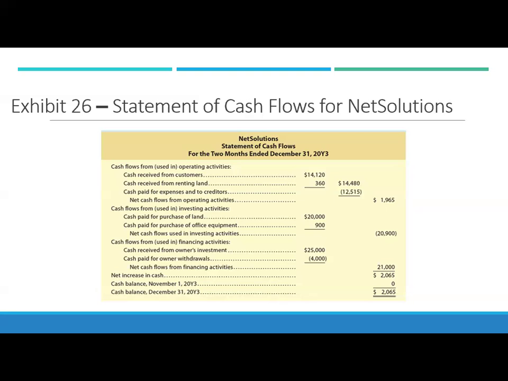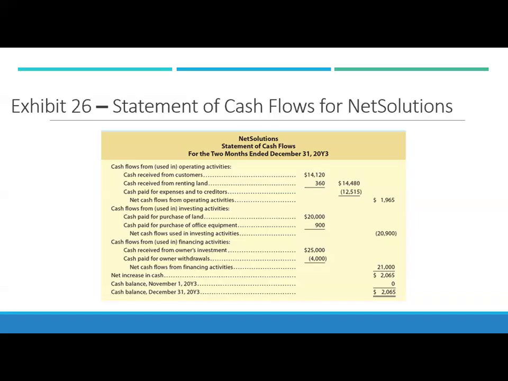Note that of cash paid for expenses and to creditors, only interest expense would be an operating activity, because that is an expense of the business, but repaying the principal of a loan is a financing activity.